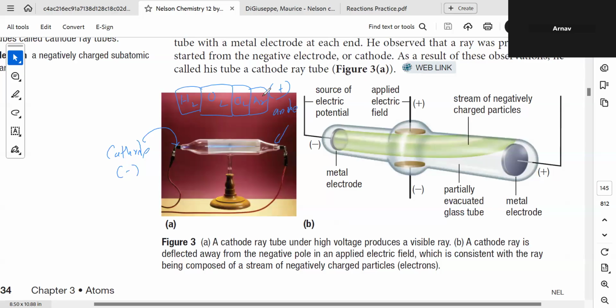So he thought that maybe it is something related to the cathode. So he changed the cathode from iron, let us say, to gold, to copper, to silver. But even when changing the metals, he still saw this ray. So he came to the conclusion that probably these rays which are emerging are fundamental to the element.